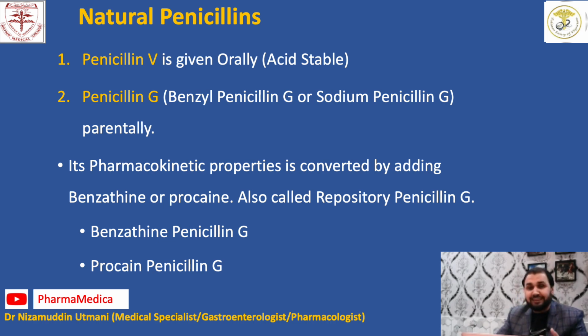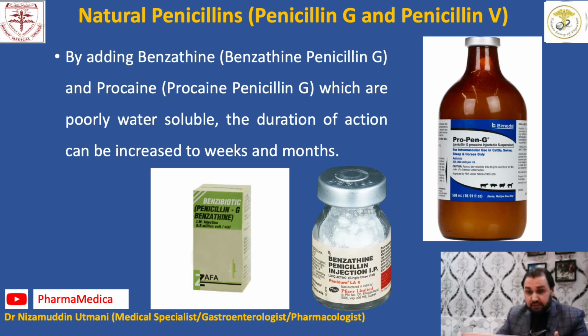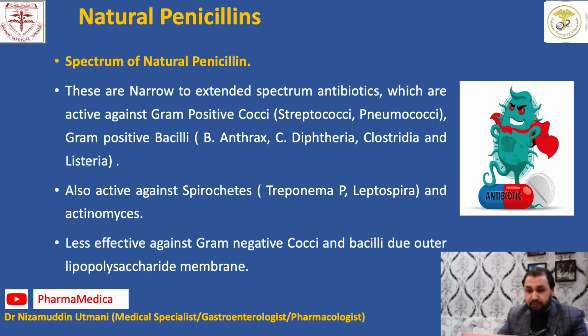So for natural penicillin G, which we call benzylpenicillin, if we add benzathine and procaine, its pharmacokinetic property gets changed. In the kidney, probenecid decreases the excretion of penicillin. If you give probenecid along with penicillin, its excretion is significantly decreased. So we already discussed this. By adding benzathine and procaine, we can prolong the plasma half-life of the natural benzylpenicillin.